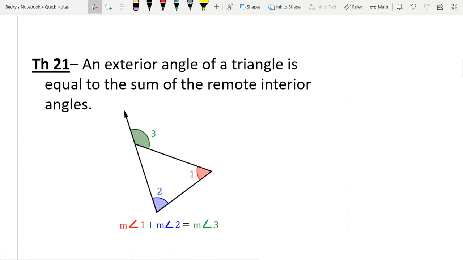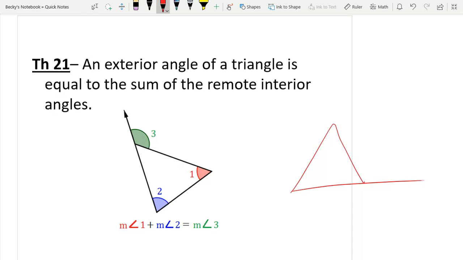All right, now this is a theorem I've talked about before, because before we had a problem. It was in chapter 5, where this right here is an exterior angle, and angle 1 is a remote interior, and angle 2 is a remote interior. And hopefully you remember that we would say angle 3 is greater than angle 1. Of course it is.